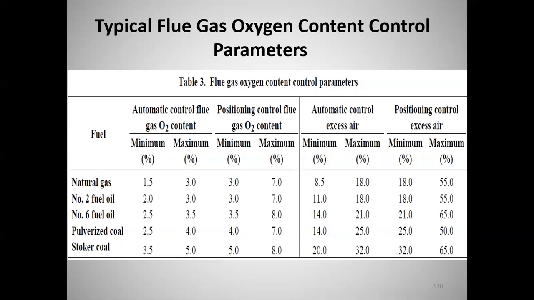A positioning type control system simply positions the air damper or the air control off of the position of the fuel valve. Basically, the steam pressure is measured, and if steam pressure is high, then the fuel valve is closed some, and then there's like a jack shaft, a mechanical linkage that reduces the capacity of the fan.